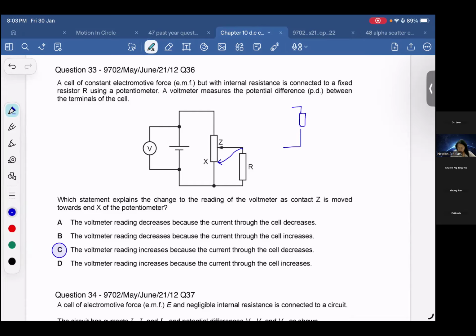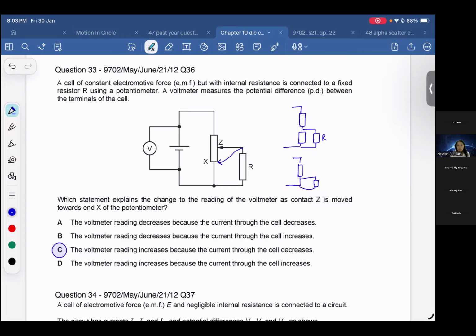Initially, you are sharing part of it with another parallel R here. This is the initial setup. After that, if you move towards X, it will become like this.